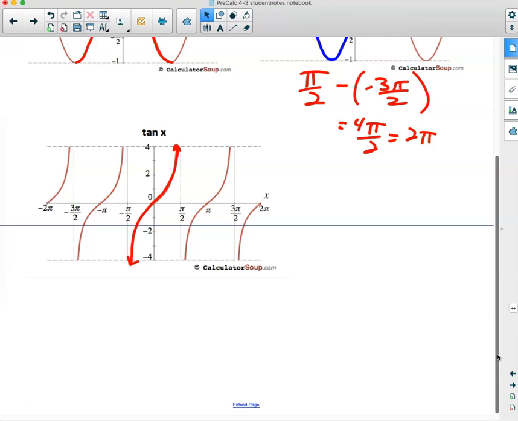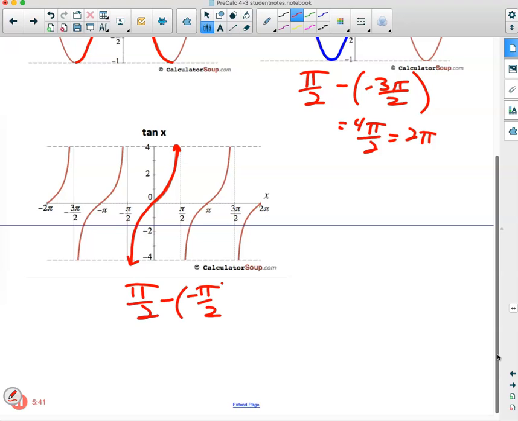And then I could move it wherever I needed to go, right, left, finish it off. And we can see here that they've tried to help us by kind of showing us where the vertical asymptotes are going to be for tangent. That this is between negative pi over 2 and pi over 2. So we do the same thing. And minus a negative would make it a plus.